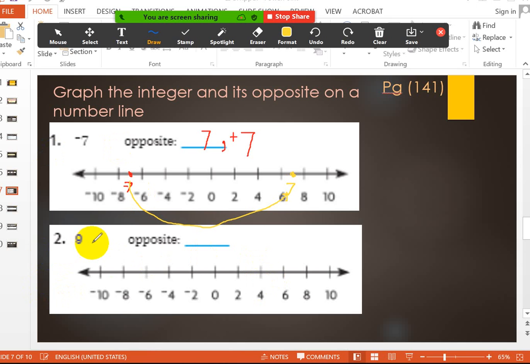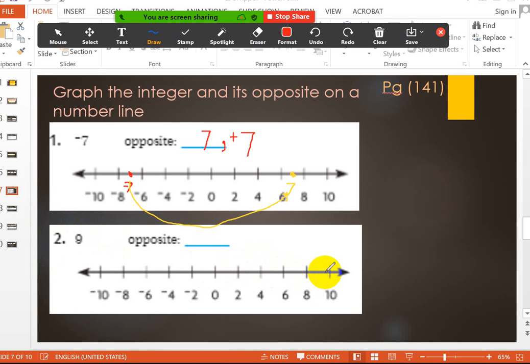Yes, what about number 2? 9. I want to locate 9 and find the opposite of 9. Let's choose. Yes, Mariam. Where do I have to put the 9 here? I want to locate number 9 on the number line.